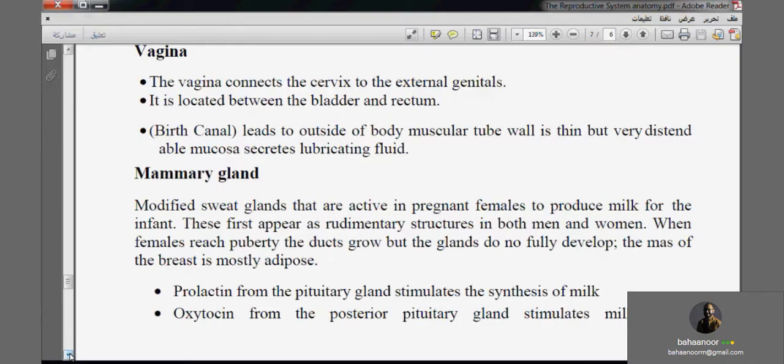These first appear as rudimentary structures in both men and women. When a female reaches puberty, the ducts grow, but the glands don't fully develop. When do the glands fully develop? During pregnancy. The mass of the breast is mostly adipose tissue.